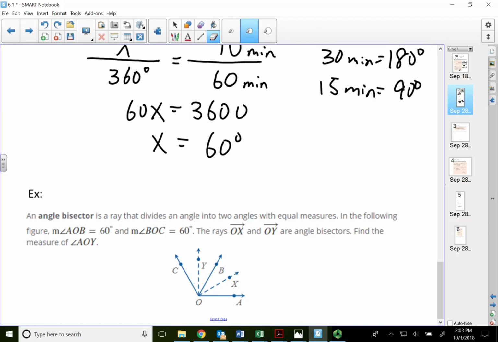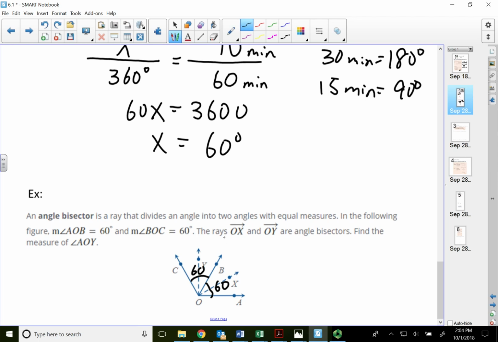All right, this thing is called the angle bisector. An angle bisector is a ray that divides an angle into two angles with equal measurements. In the following figure, this M right in front of the angle means measure. The measure of angle AOB is 60 degrees, and from BOC, this is another 60 degrees.